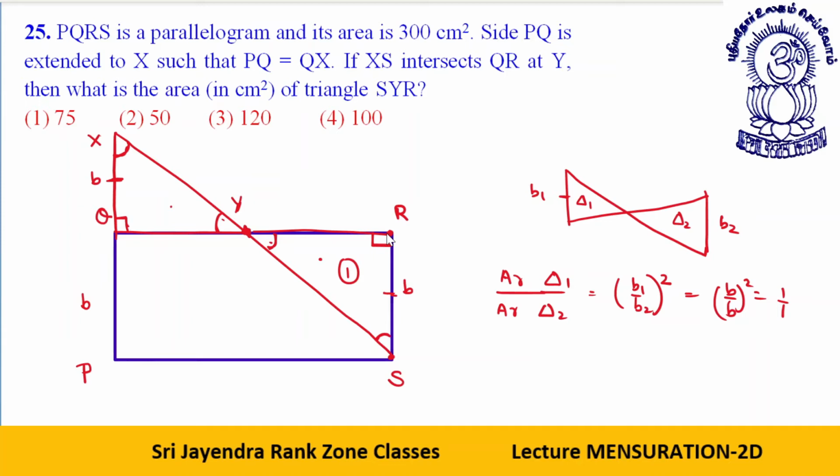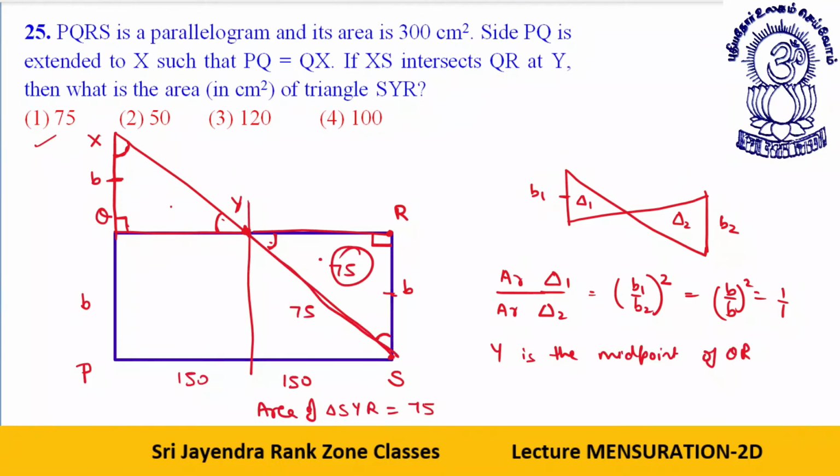So area of triangle SYR is equal to 75. Clear, dear students? I hope all this is clear. Should I proceed to the next one? Let's take the next one.